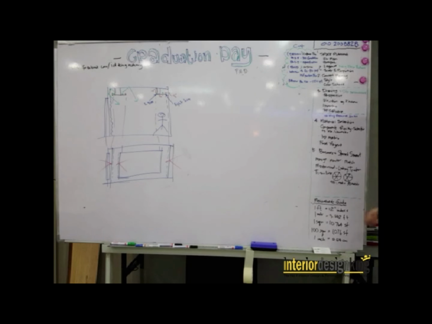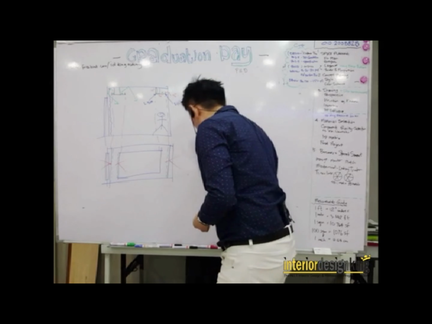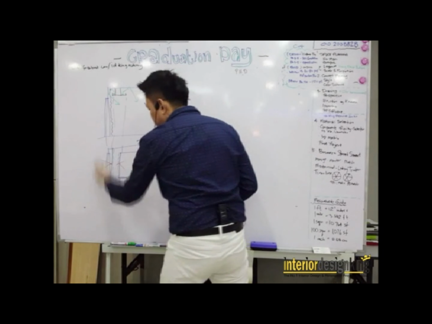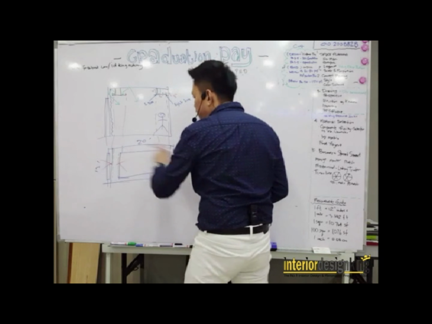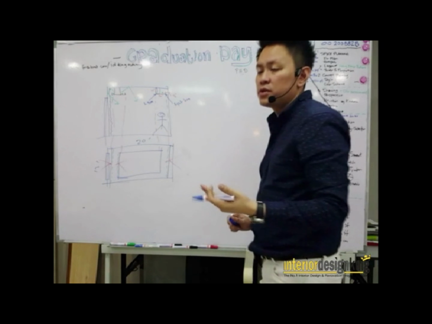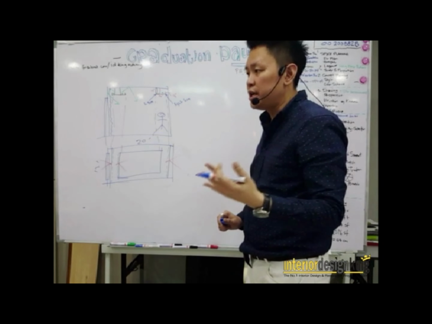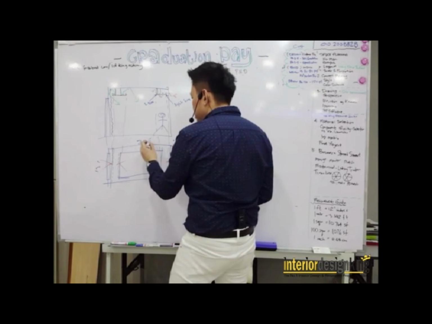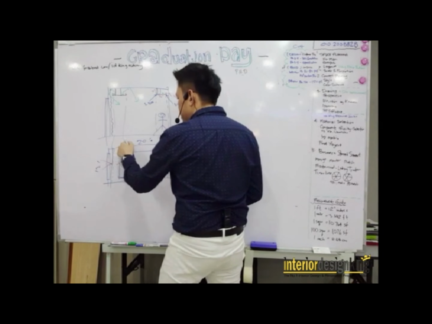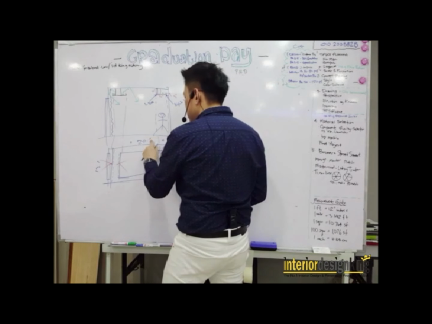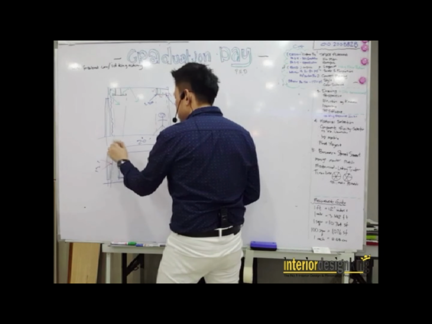So then you talk about the distance between the lines. For example, here is 20 feet. Here, for example, is 12 feet. So 20 feet, you want to put the lines inside here. You divide by 6. Divide by 6 is 3. So it's 1, 2, 3.